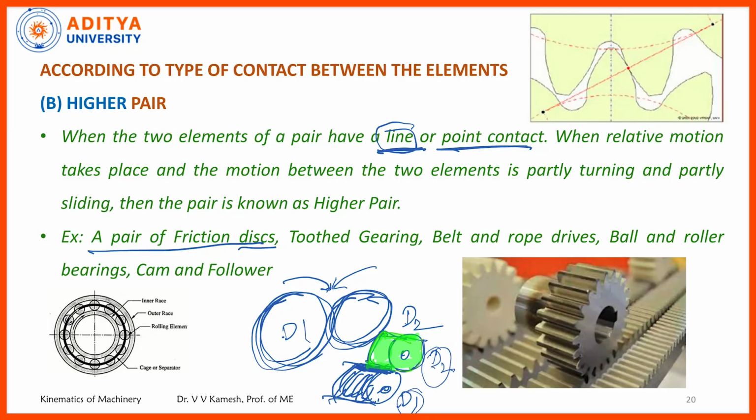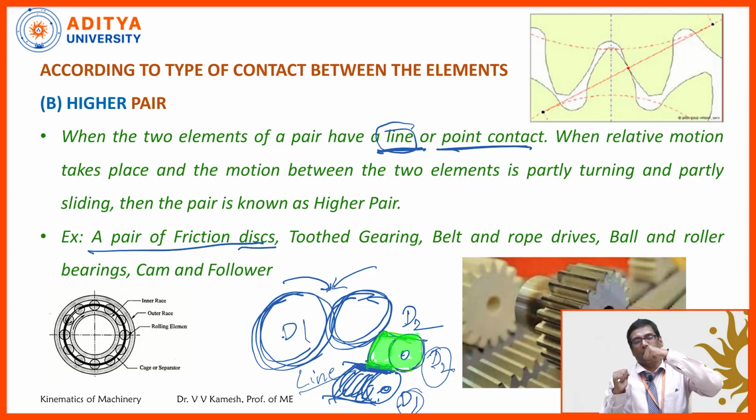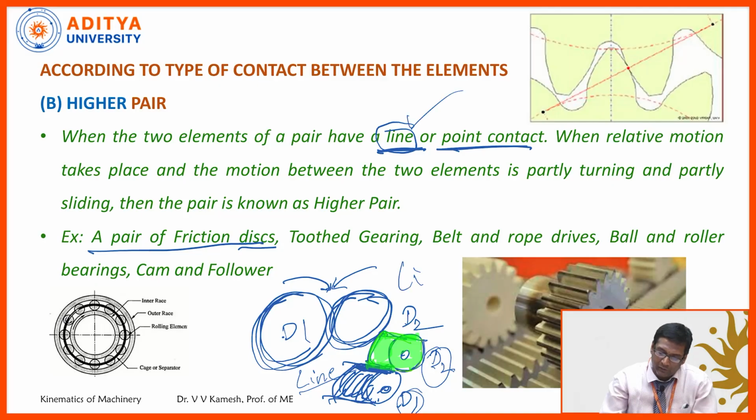It is having a line contact. So this is one disc and this is another disc, and they will be in contact with each other. The elements of disc number 2 and disc number 1, the points, will be in a straight line. That is why it is having line contact, okay.